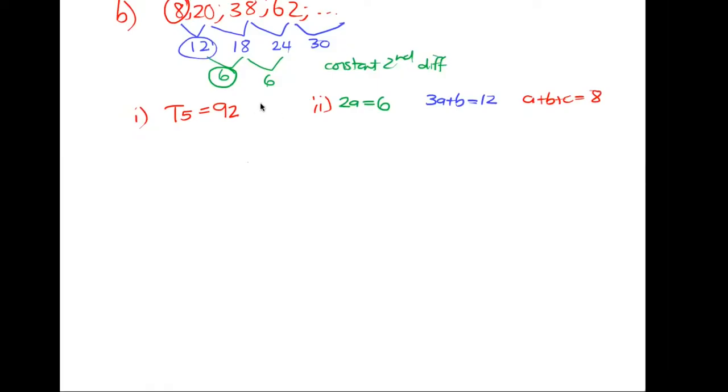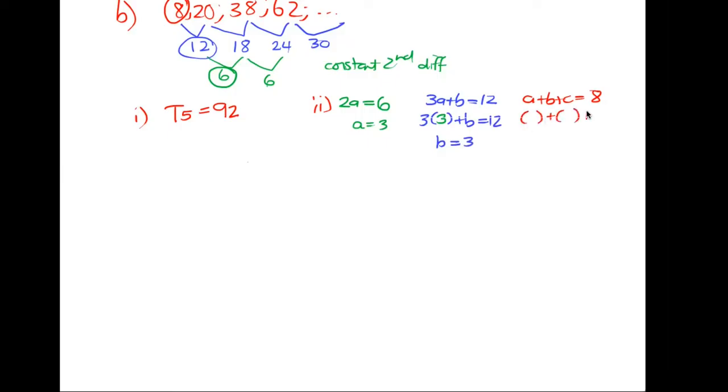So let's go through our calculations. 2a divided by 2 is a, and 6 divided by 2 is 3. Now we have a, so we are going to substitute in the value for a, and we've just worked out a is 3. So b will be 12 minus 9, which is 3.